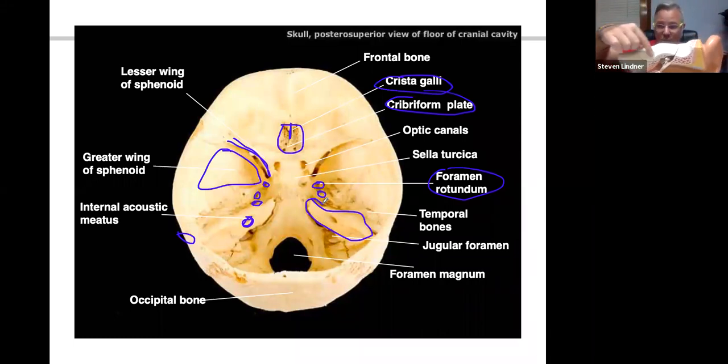But the petrous portion of the temporal bone is right here. And there's this magical thing, that vestibular apparatus that's there, okay? So that's the petrous portion of the temporal bone, internal acoustic meatus. The external is on the outside. That's the whole of the ear.